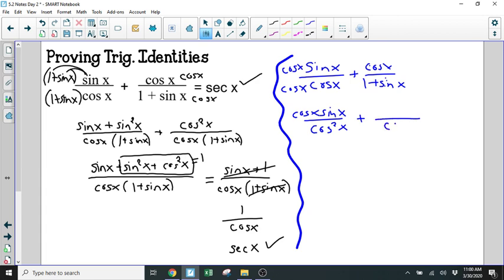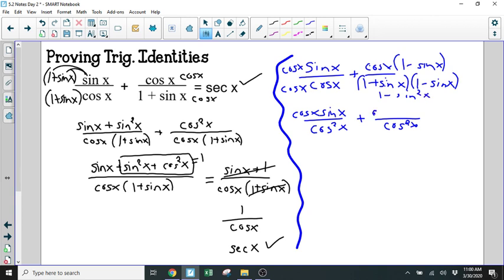But the second one, in order to get that to be a cosine squared, we could use our Pythagorean identity, 1 minus sine squared is cosine squared. To get that 1 minus sine squared, we would multiply by the conjugate, 1 minus sine x. 1 minus sine x times 1 plus sine x would give us 1 minus sine squared, which is where that cosine squared is coming from.